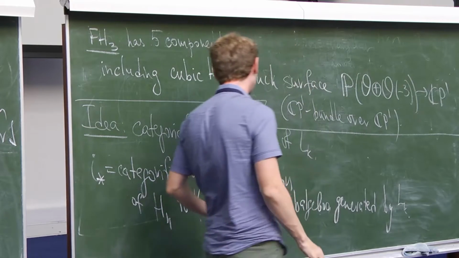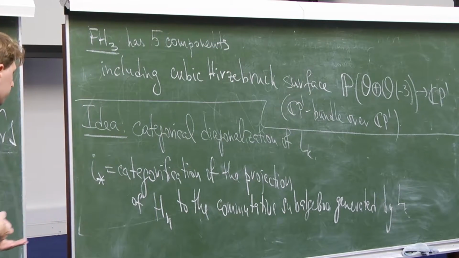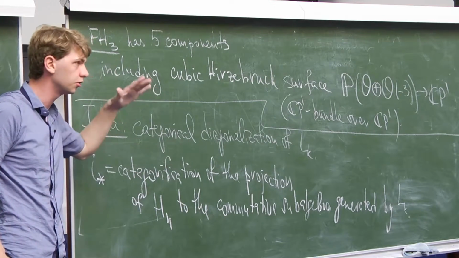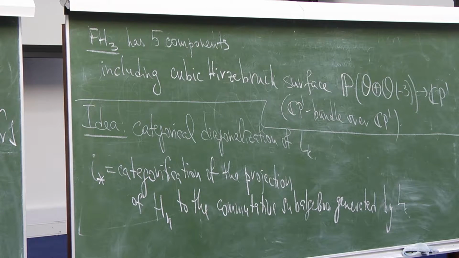So we have a family of commuting operators. We can generate a commutative subalgebra in Hn. And there is a certain non-degenerate pairing in Hn. We just project into this subalgebra. And if we know all these eigenvectors and eigenvalues, we can do this very explicitly.